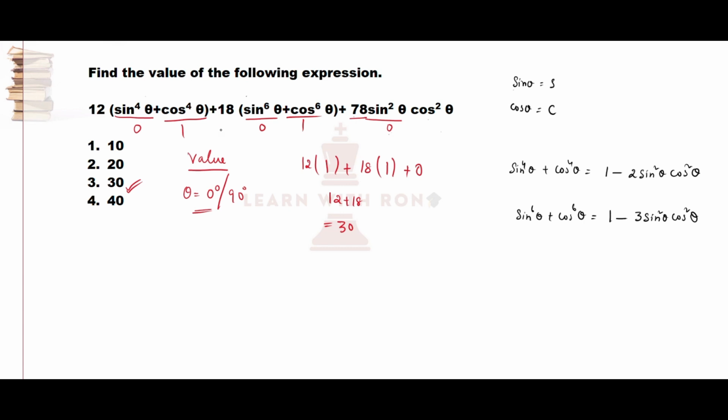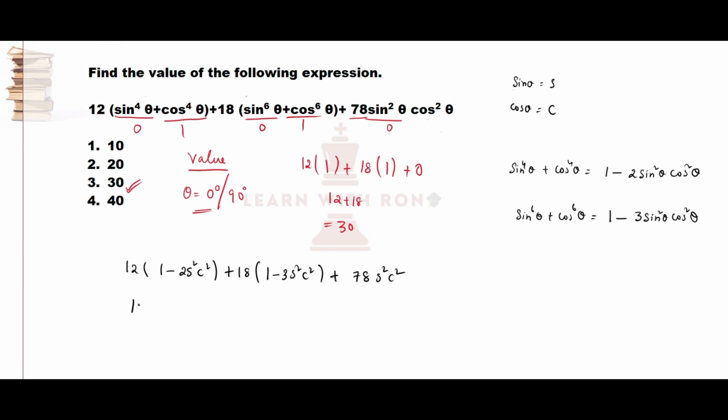Okay. See now expression 12 times of sin power 4 theta plus cos power 4 theta formula is 1 minus 2 S square C square, right? Okay. Plus 18 times sin power 6 theta plus cos power 6 theta formula 1 minus 3 S square C square plus 78 S square C square.